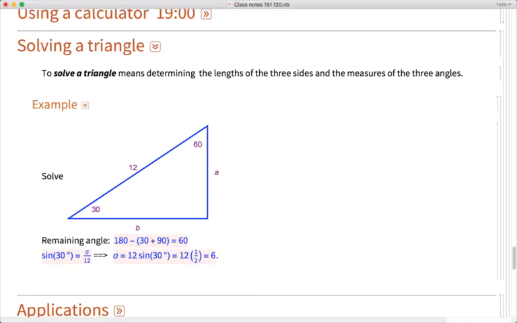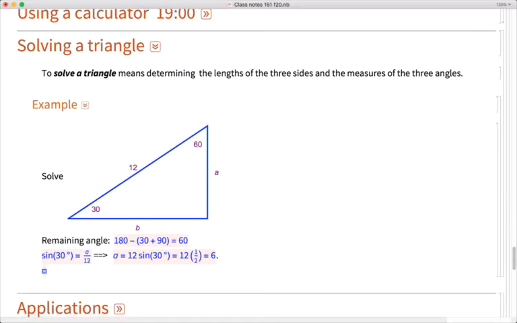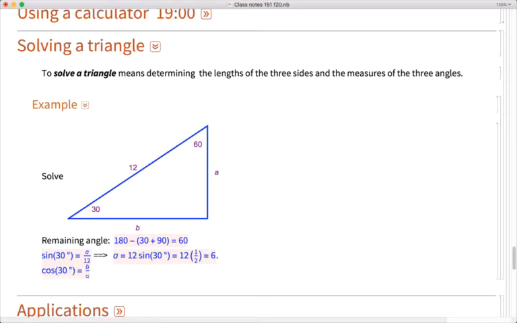Sticking with the acute angle, let's go ahead and look at the cosine. Oh, my goodness, I'm misspeaking left and right. I'm going to stick with angle 30, and now look at its cosine. Okay, so the cosine is the adjacent side divided by the hypotenuse.